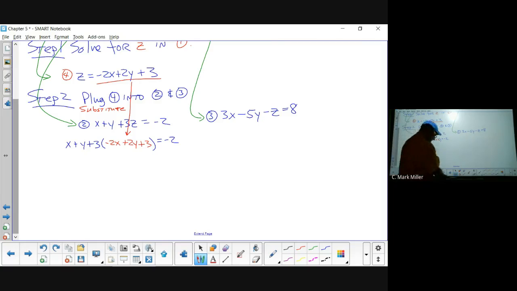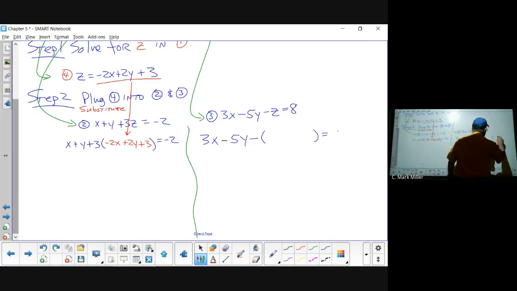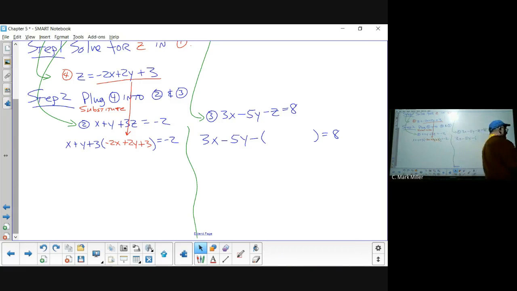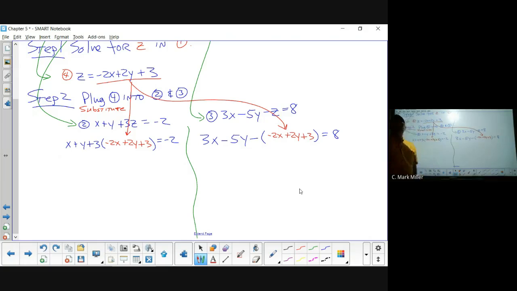All right? Then, what do we have? On this side, 3x minus 5y minus what z equals 8. That is the same thing. You plug the same z, exactly the same, over here. That gets rid of z. That gets rid of z.